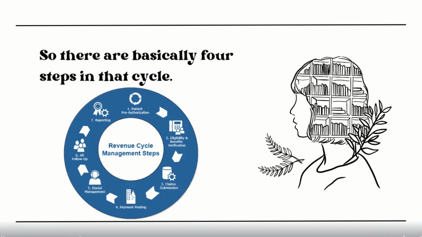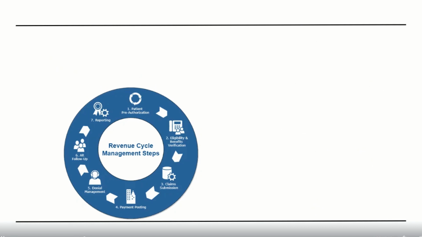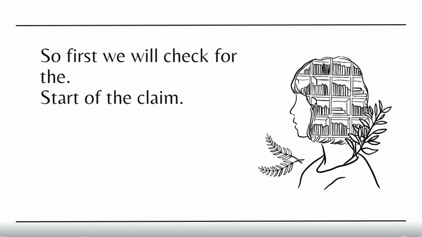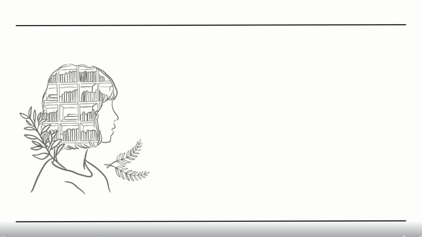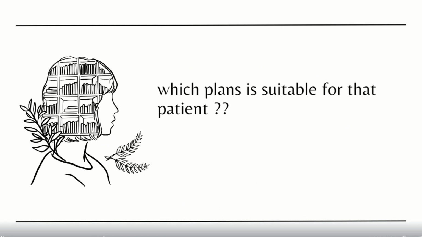First we will check the start of the claim. At the start of the claim, the patient first gets registered. After registration, we need to check the eligibility criteria of the patient: whether that patient is eligible for that particular insurance or not, how many plans the patient has for that insurance, and which plan is suitable for the patient.